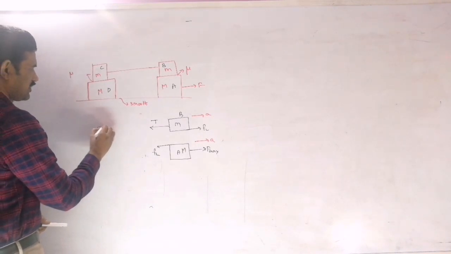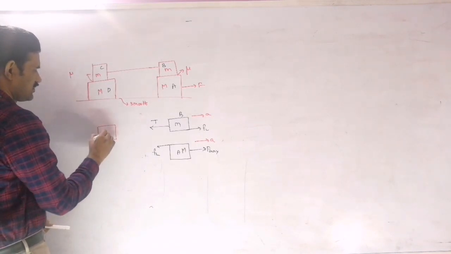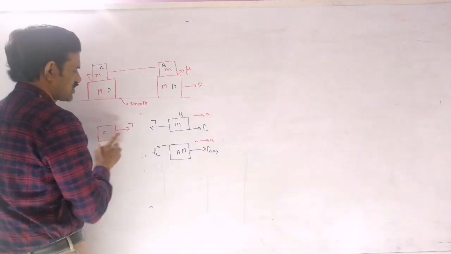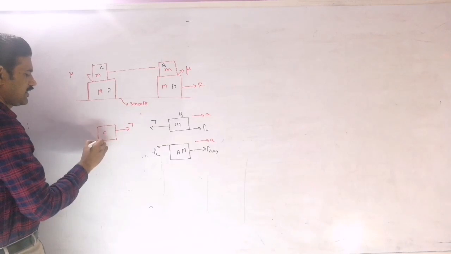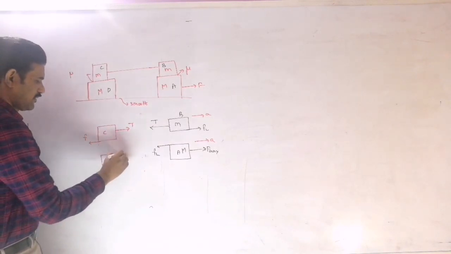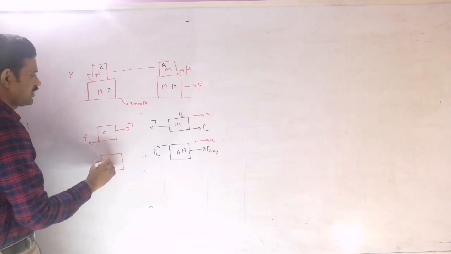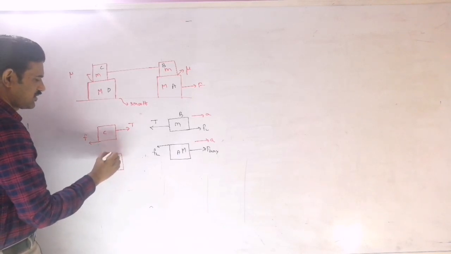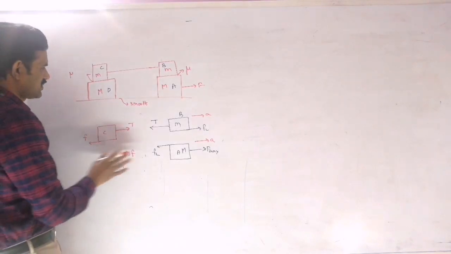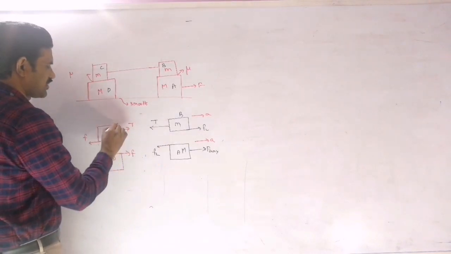And now for C and D, let us consider C first. The tension force will be there along this direction, and then the friction will be there along this direction. And now this is for M, capital M, which is block D. So now it is accelerating, that means only the frictional force should accelerate it here.